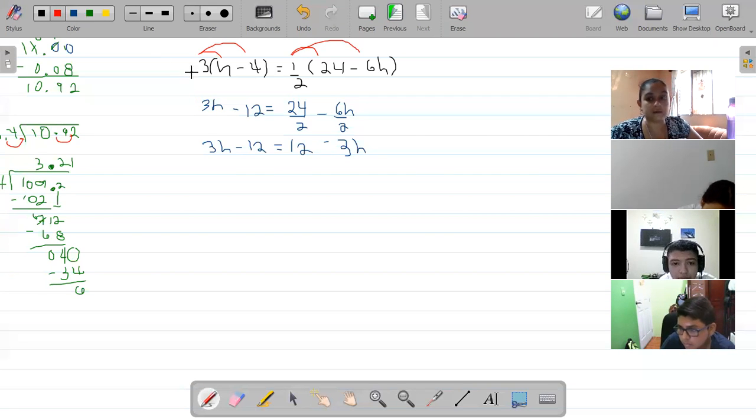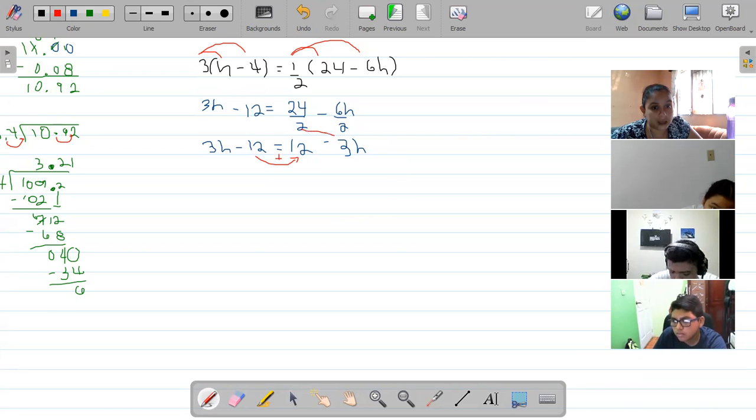Now we can pass variables to one side and constants to the other. So this negative 12 will go to this side, adding. But at the same time, I can move this negative 3h to this side, and it will go adding as well. So now we're going to have this 3h in there.